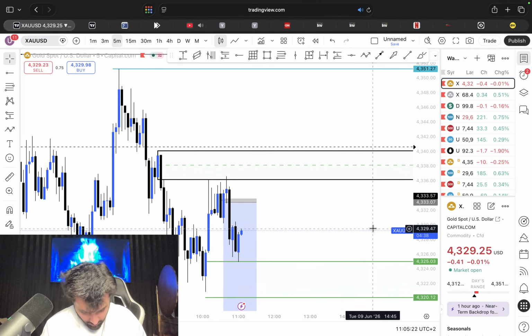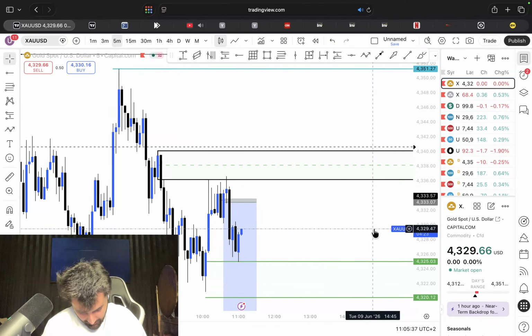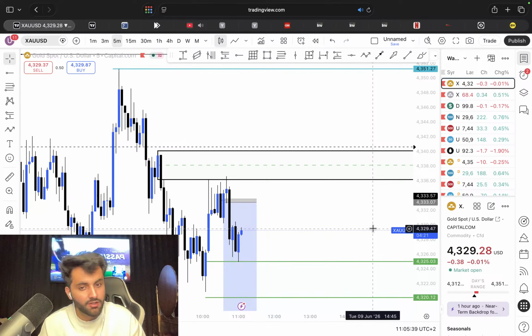Because of this bullish order block, I closed 2 of my lots at TP1. I usually only secure 1 at TP1.